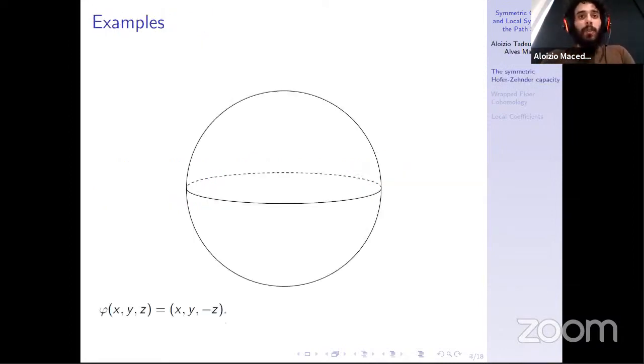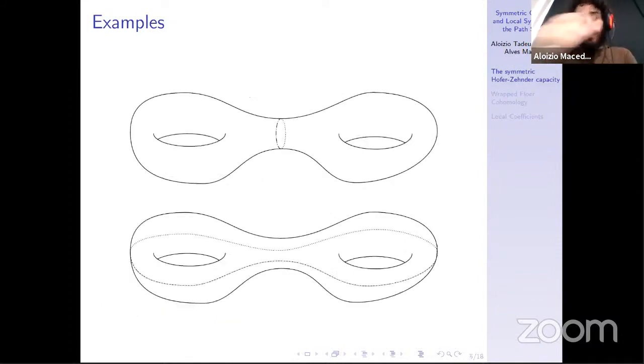Okay, so quick examples of this. We can pick a sphere S^2, and then consider the reflection along the xy plane. We can consider the torus T^2, with reflection along the yz or the xy plane. And these are examples.